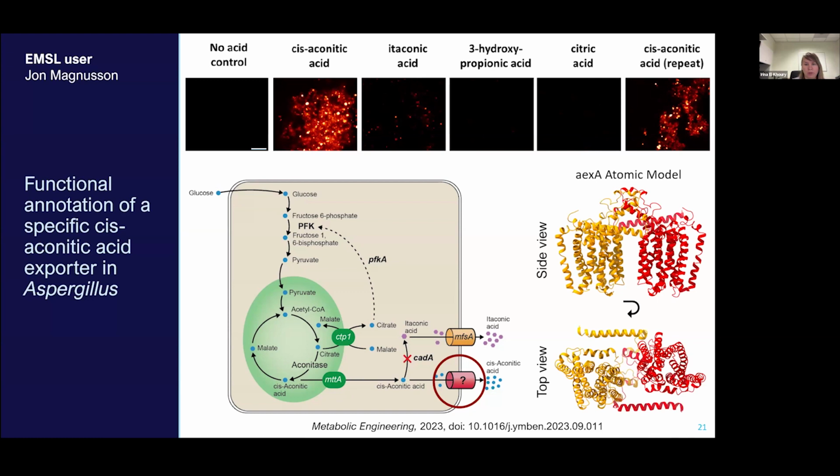So with this particular approach, we were able to assign a function for this putative membrane protein transporter. We now know for sure that it's an aconitic acid transporter, and we are now working on its atomic model. Here you can see the structure of it in AlphaFold 2.